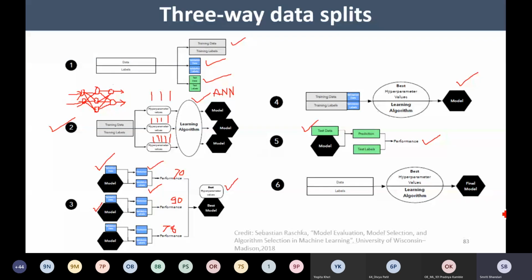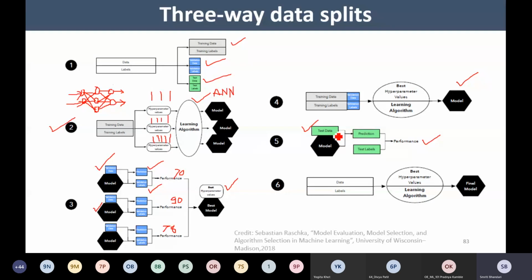Now in step number 5 it is possible for me to assess my model with the best hyperparameter values, and I can find out how good my algorithm is working. This performance is typically the unbiased performance. Why? Because we have not used any seen data.